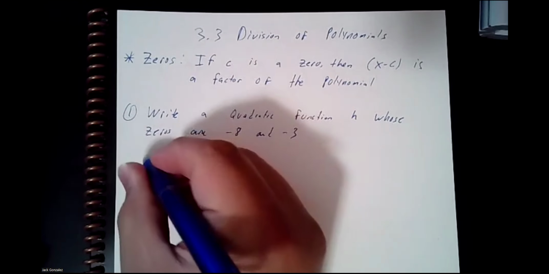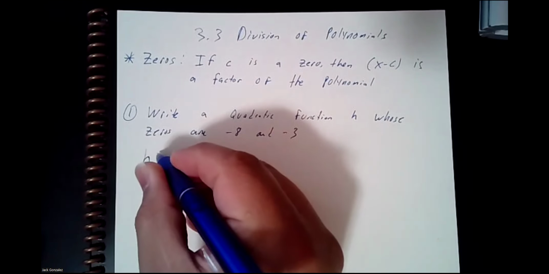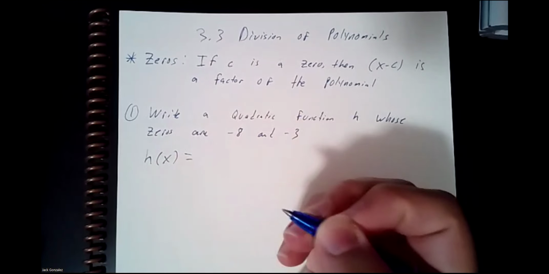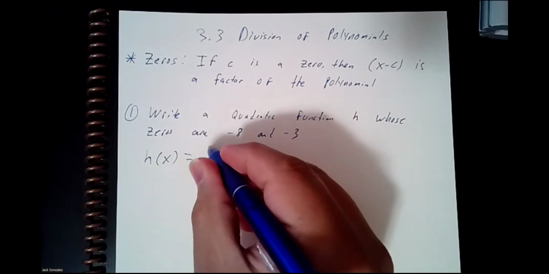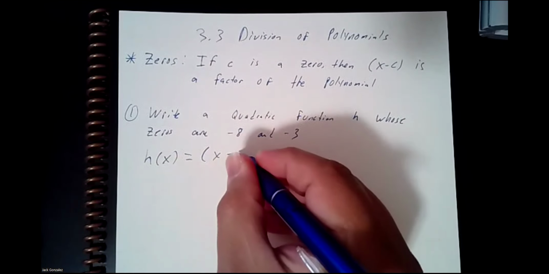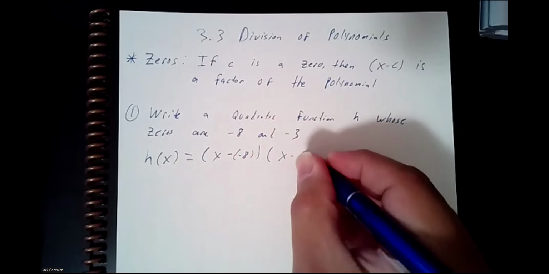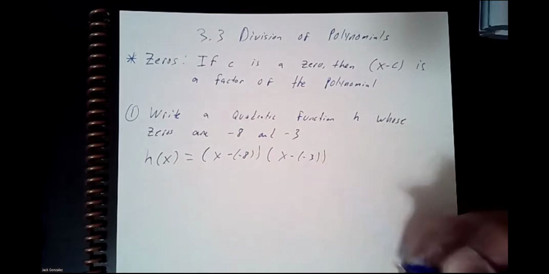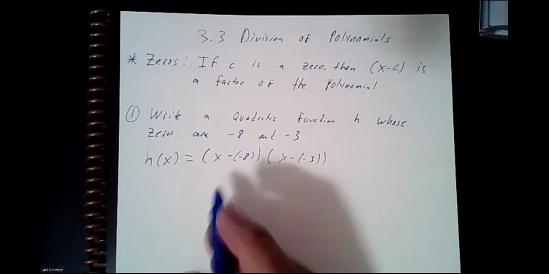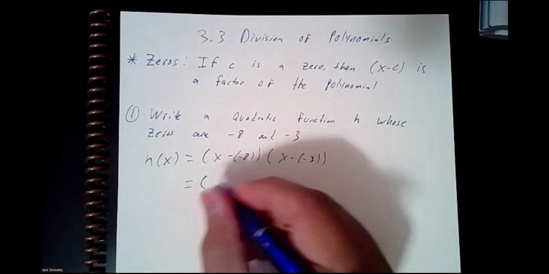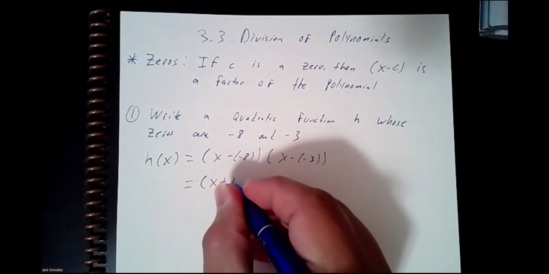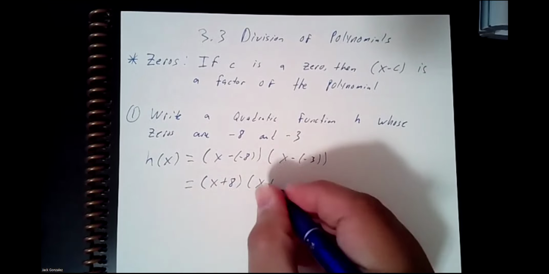So what they want us to do is create a function, which is called h of x, I guess, and say x minus each of these zeros is a factor. So that would simply become minus minus, so x plus 8, x plus 3.